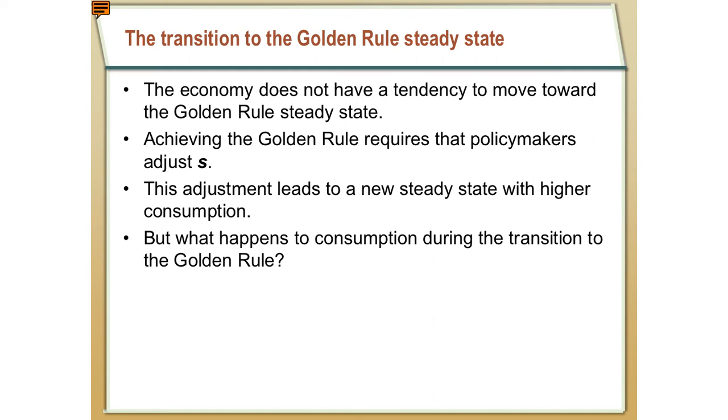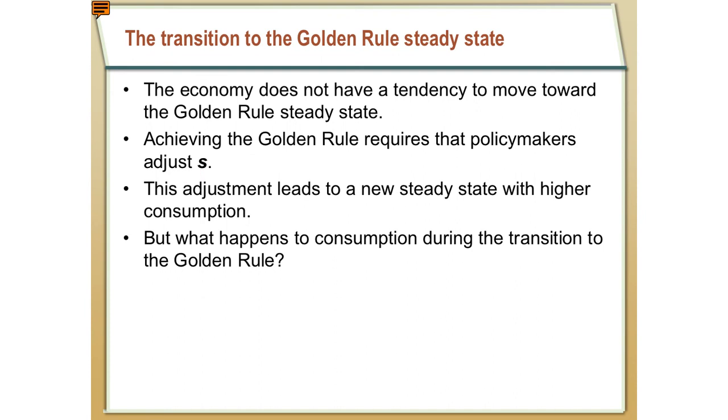So this actually requires policymakers to adjust the savings rate. So providing incentives to people to save more or save less by changing their fiscal policy to collect more taxes or fewer taxes or increase spending or decrease spending. All of those things will affect the rate of savings in the economy.